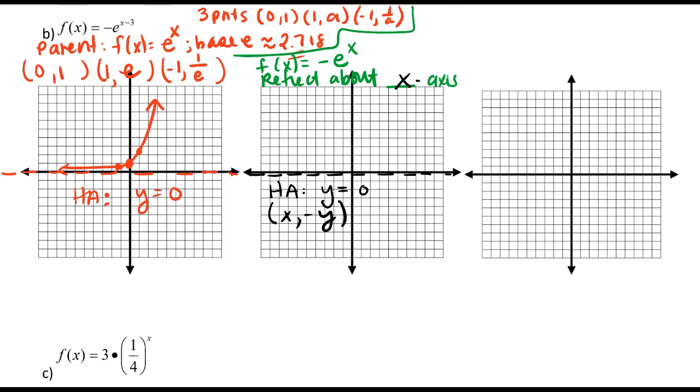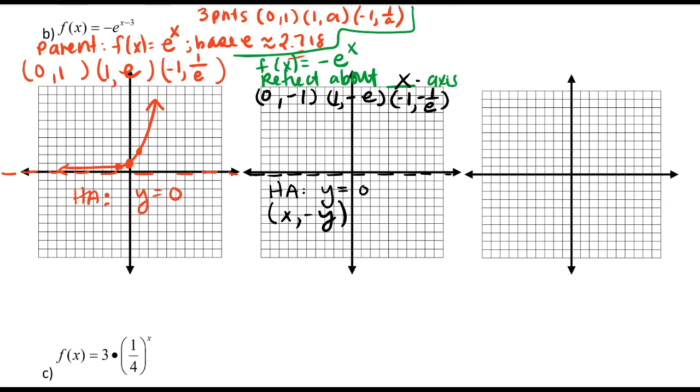So it's really x comma negative y. So my points are, which I'm going to write up here, all my y's are now opposite. All my x should be exactly the same. So the first one used to be positive 1, is now negative 1. The second one used to be positive e, is now negative e. The third one used to be positive 1 over e, is now negative 1 over e.